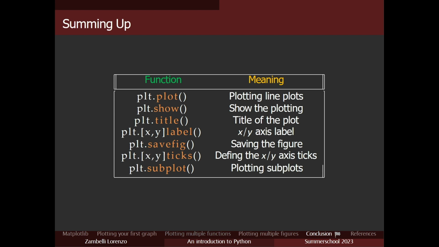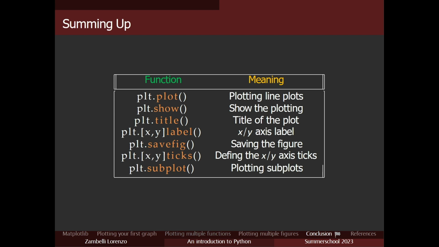Okay. We are done for this lecture. In particular, we saw the plot function for plotting lines, for plotting functions. Then the show function, with which you basically tell the program that it is complete and no one can add any more information to the plot.